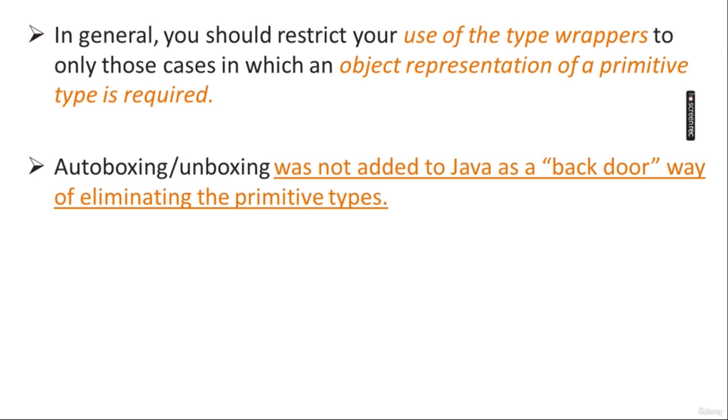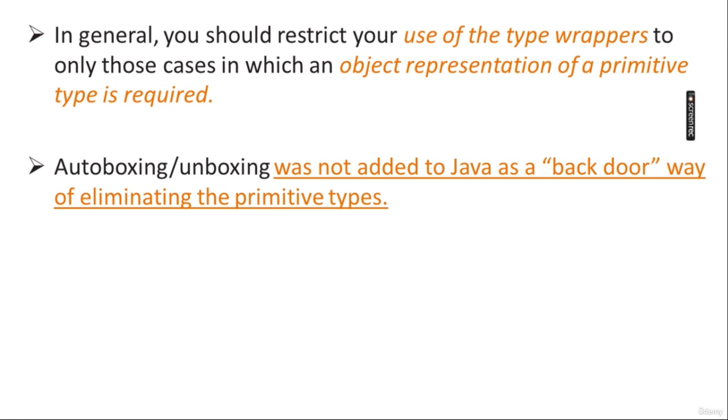Autoboxing and unboxing was not added to Java as a backdoor way of eliminating the primitive types. Boxing and unboxing are included in Java to ease the programmer's work in building their applications. It is not added by Java as a backdoor way to eliminate the primitive types.